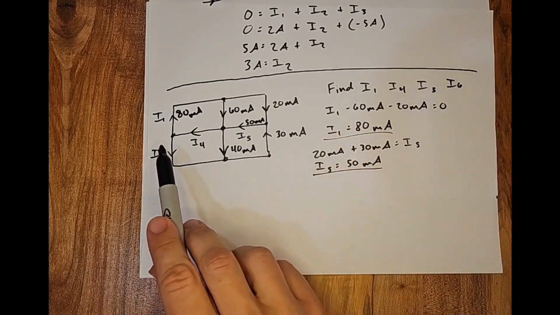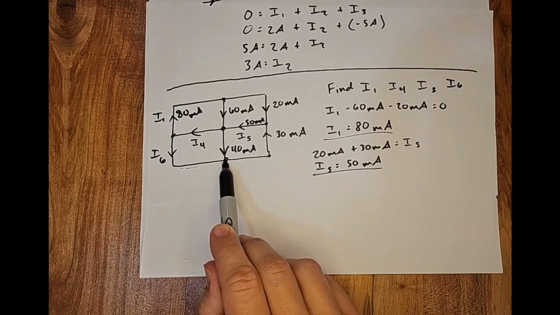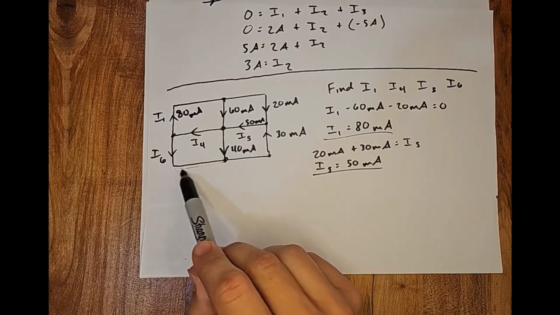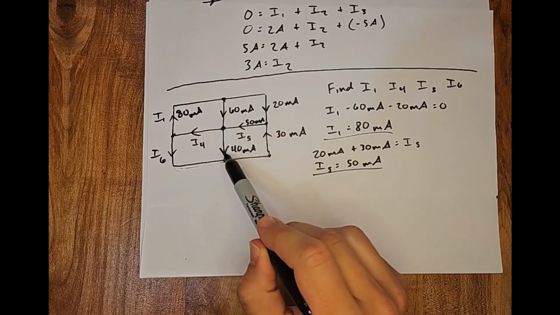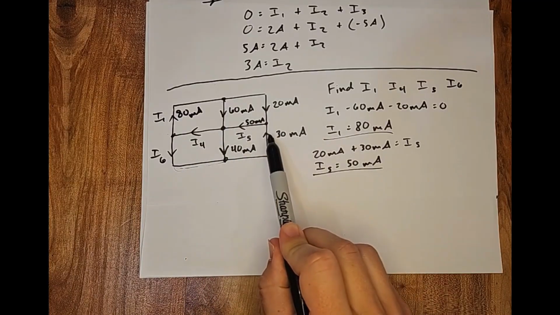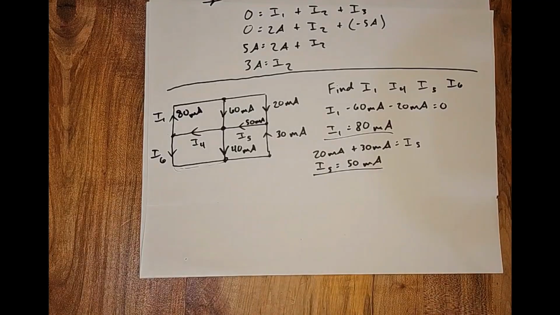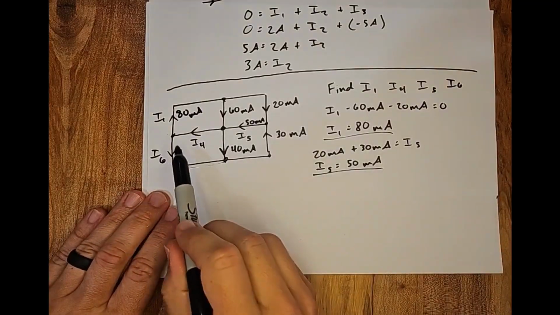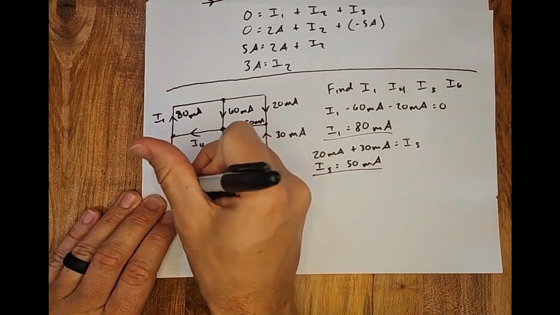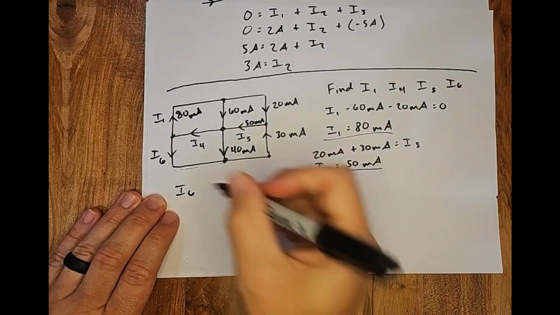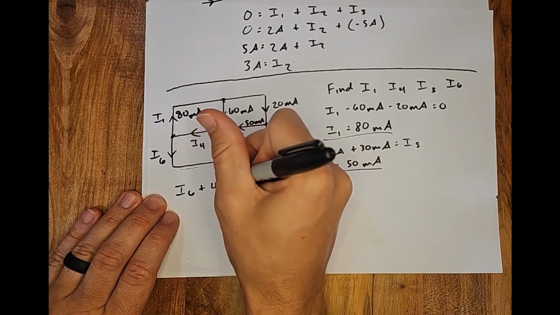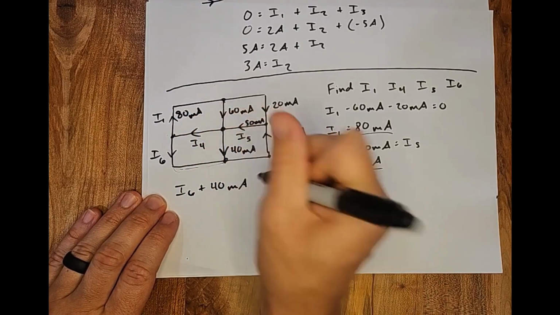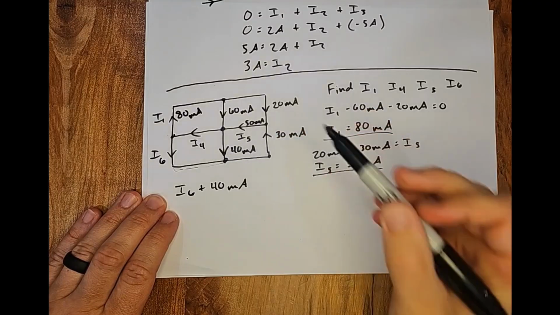So now let's look at I6. It's coming to this node here. So it's coming in. We also have 40 milliamps coming in and 30 milliamps going out. All right, so that won't be too bad. So we have positive I6, positive 40 milliamps. So it's coming in this way.